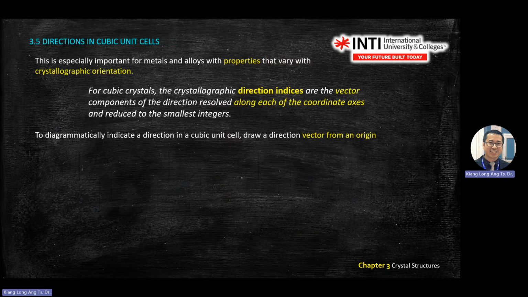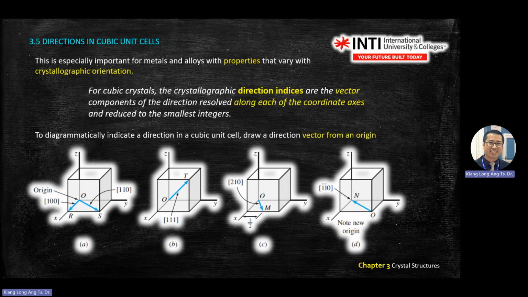So this one, -1, -1, 0, because it moves in x, moves inside, from here to the y-axis, -1, -1, 0. The representation is a negative bar above the numbers. And the origin changes from here to here. So it depends where the origin is. It's important you say where the origin is for the direction.